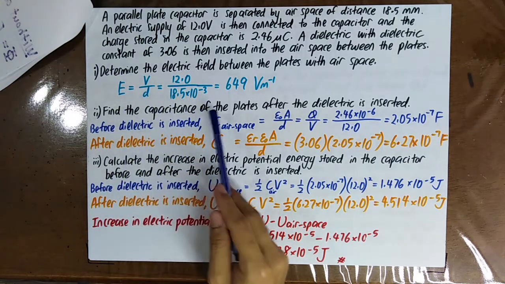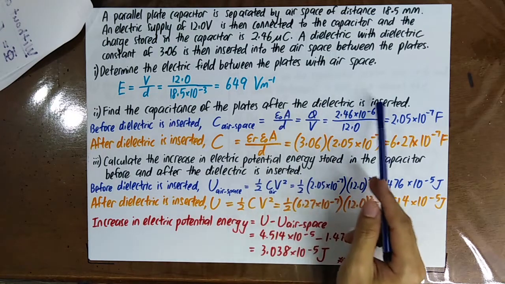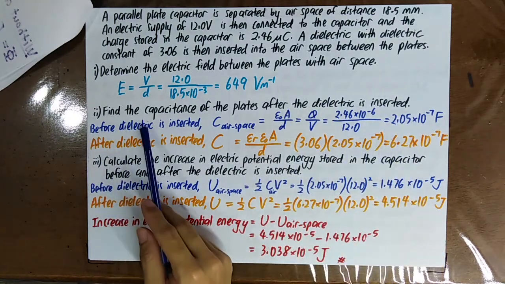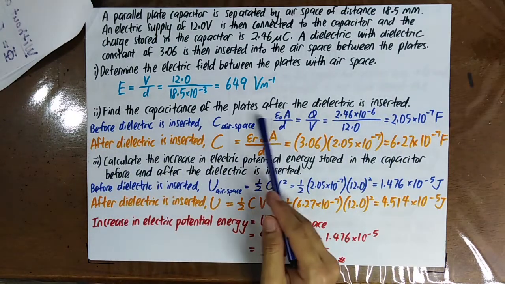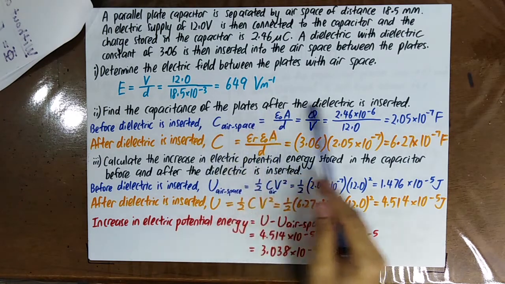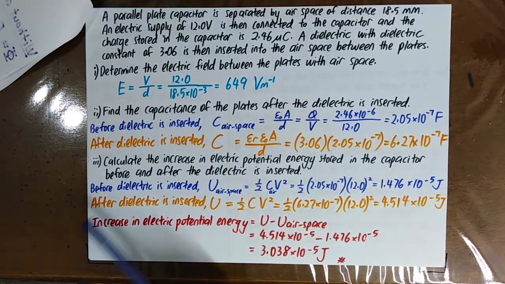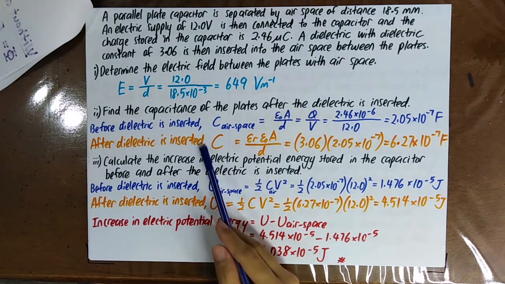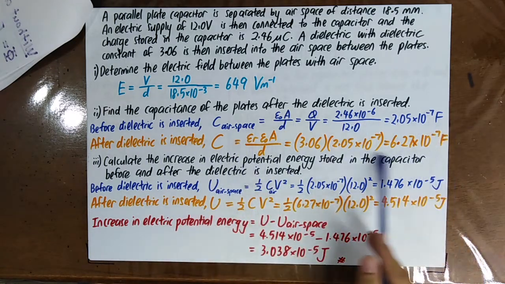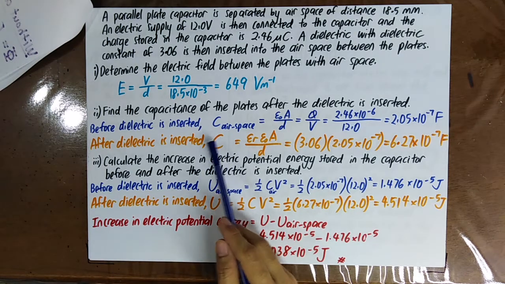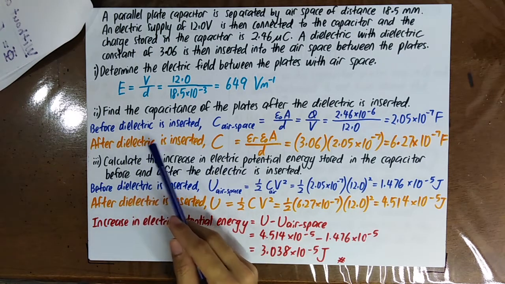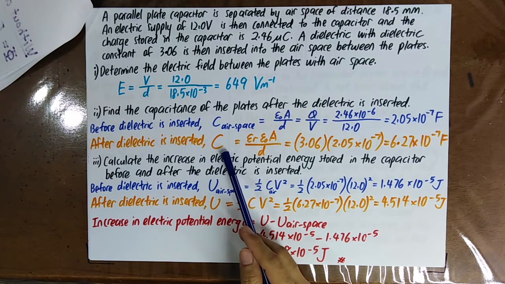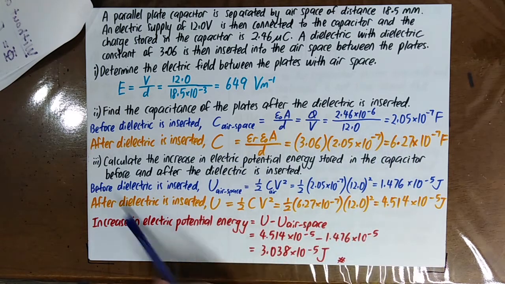Find the capacitance of the plates after the dielectric is inserted. Before the dielectric is inserted, the original capacitance is like this. But now after the dielectric is inserted, the capacitance now becomes this one. So you know that when the dielectric is inserted, the capacitance increases.